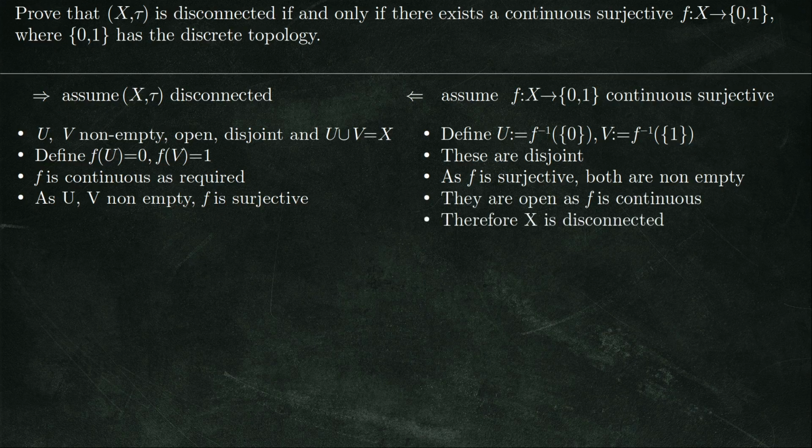Therefore, X must be disconnected. Then, a corollary from this: X is connected if and only if the continuous maps from X to {0,1} are constant. So in other words, it's not surjective. Everything would get mapped to 0 or everything would get mapped to 1.